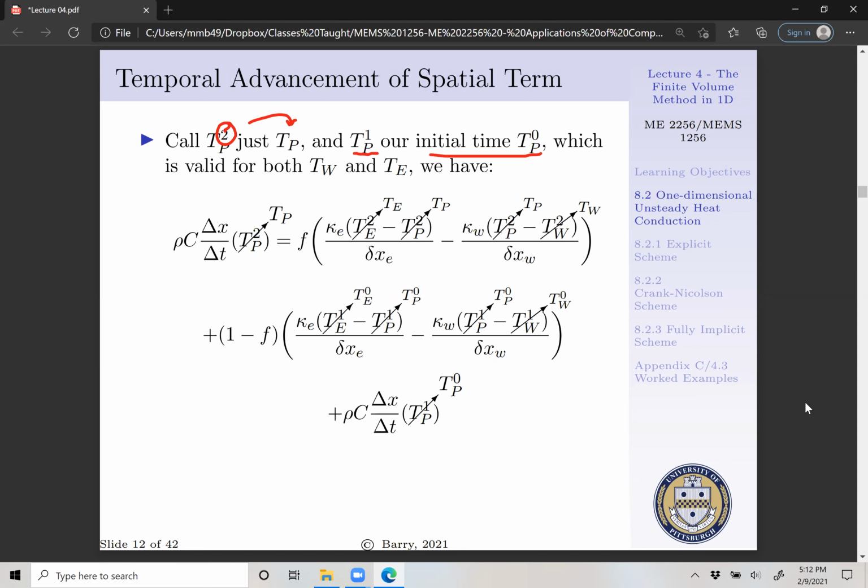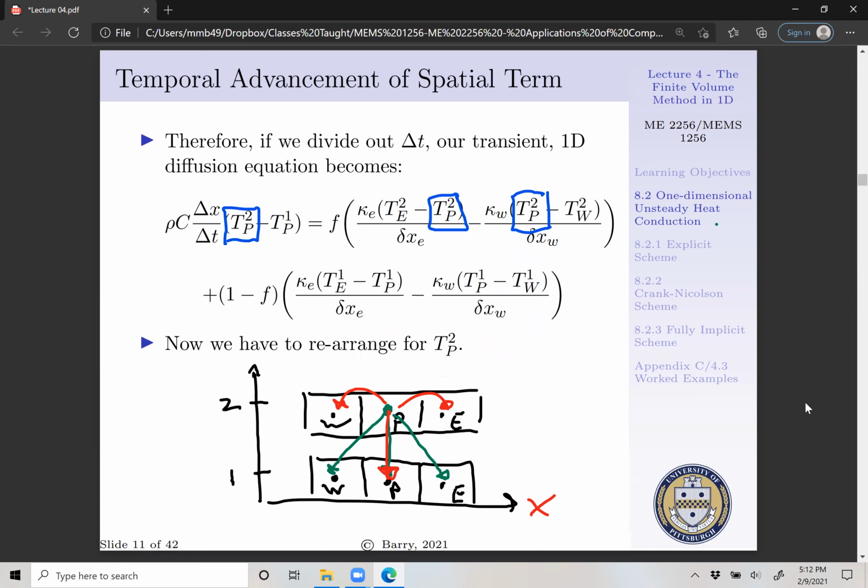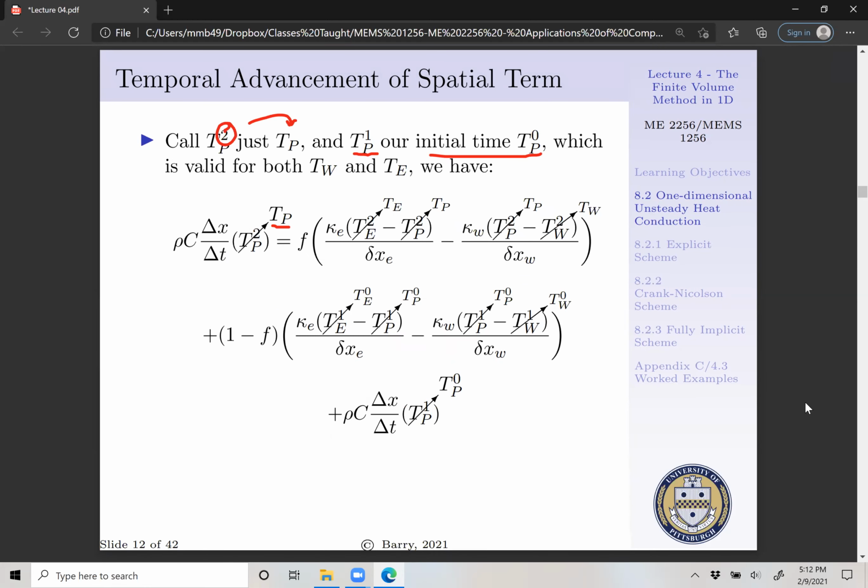Now, when we do this, right, we have rho c delta x per delta t of TP, which is our definition. And then here I had minus TP1 multiplied by rho c delta x per delta t, and we're going to kick that over here. Now we have rho c delta x per delta t of TP1, which will just be TP naught, our initial time step.